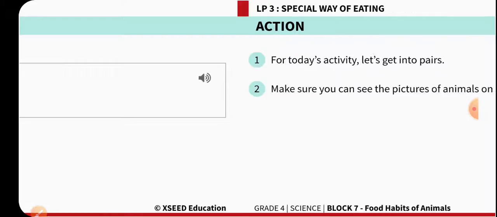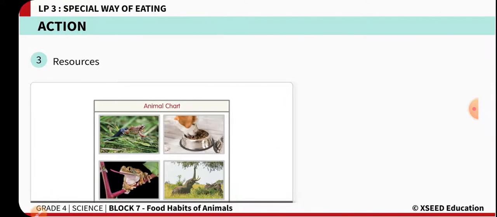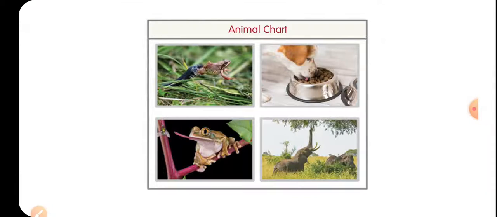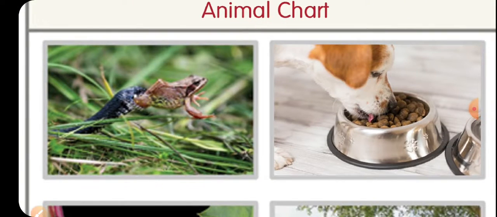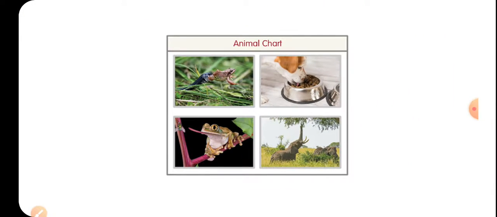So, to better understand today's class, let's do a small activity, children. For this activity, let's have pictures like this and observe them carefully. In picture 1, you are able to see a snake trying to catch a rat.